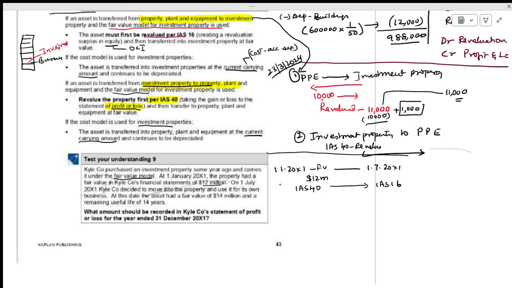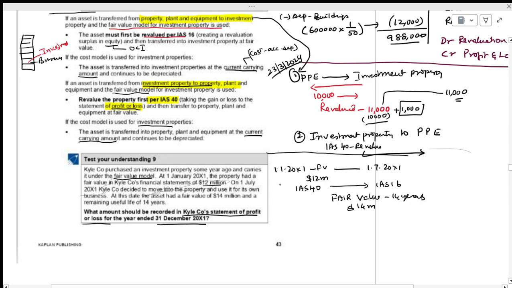As at that day, the fair value is 14 million and the remaining life is 14 years. What they are asking is: what amount should be recorded in Kyle's statement of profit and loss for the year ended 31st December 2001?